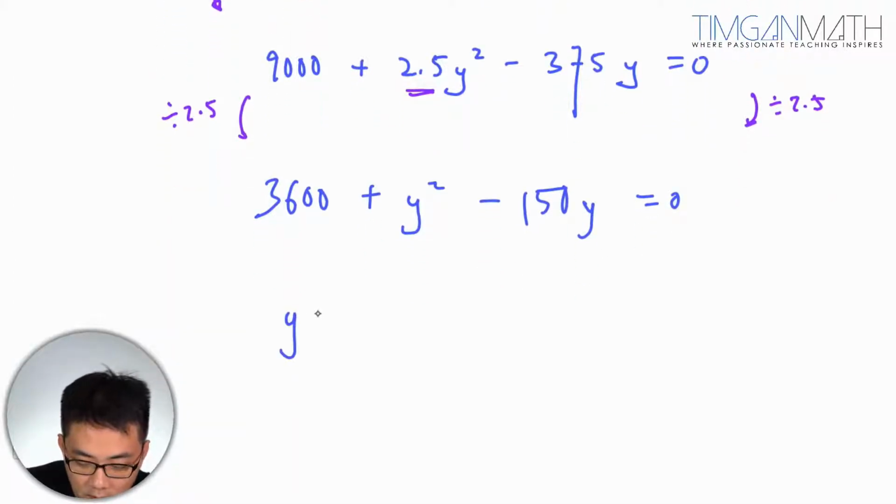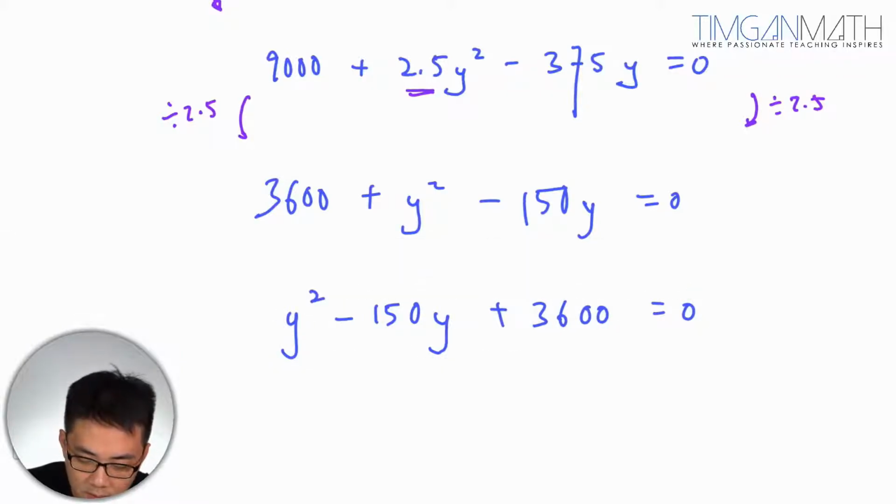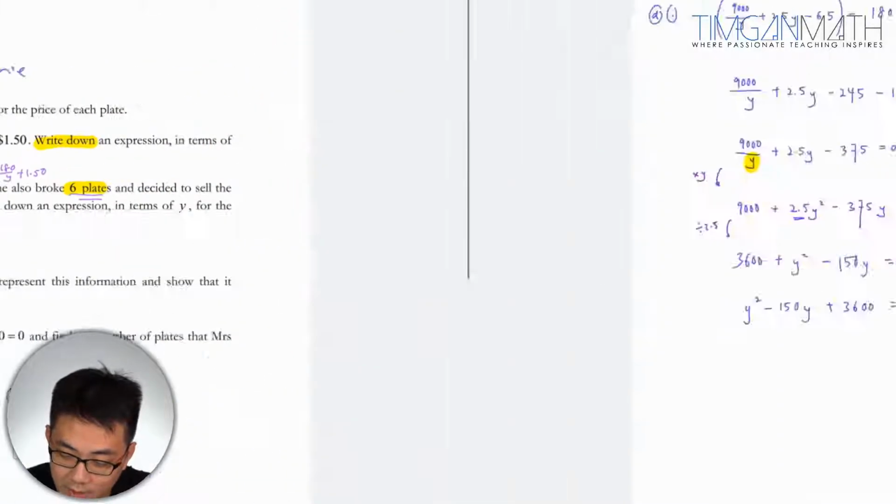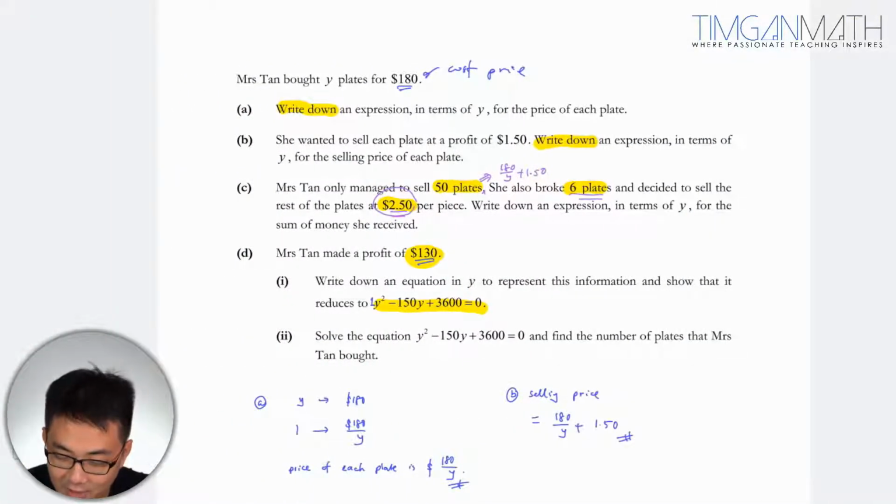So this will be y squared minus 150y plus 3600 equals 0. There you go, that's how you show it.